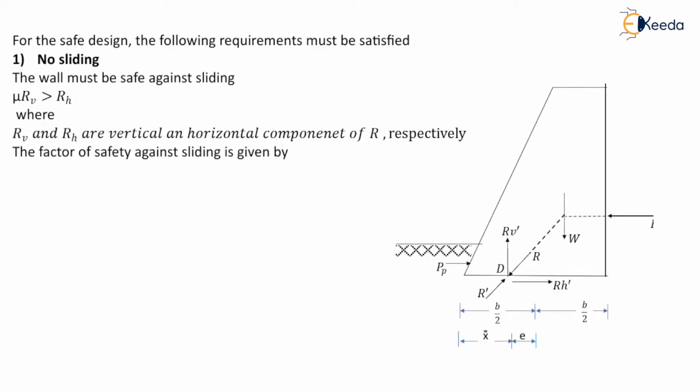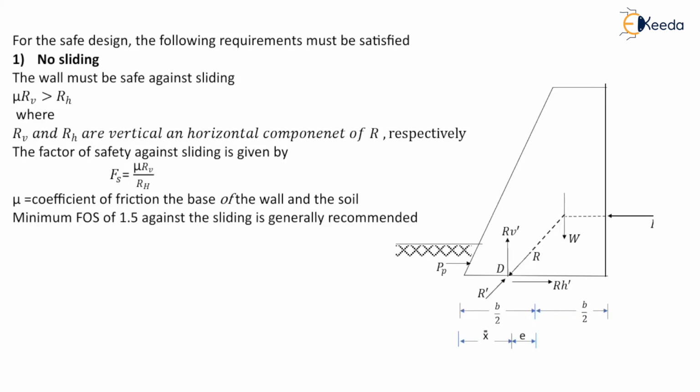The factor of safety against sliding is therefore given by Fs equal to mu RV upon RH, where mu is the coefficient of friction of the base of the wall and the soil. A minimum factor of safety of 1.5 against sliding is generally recommended.